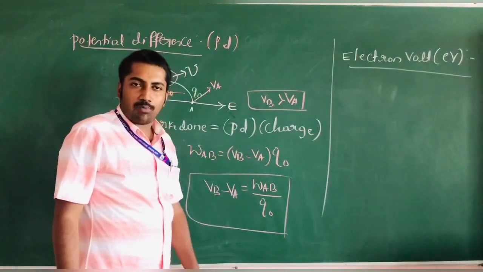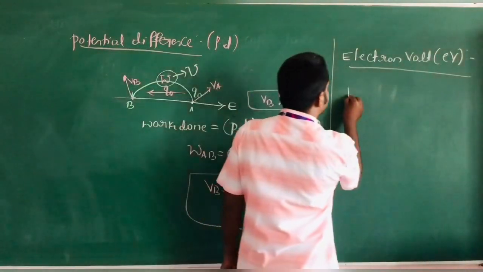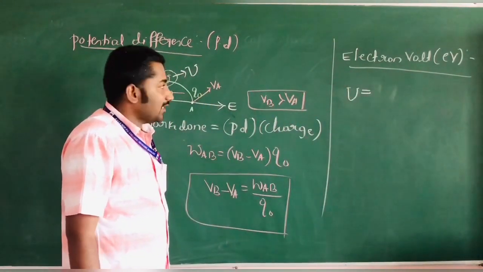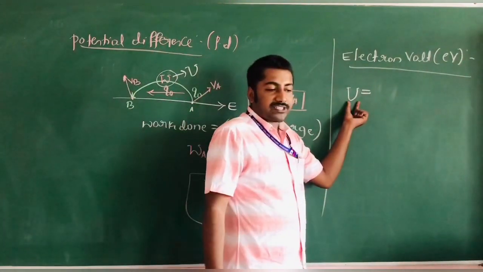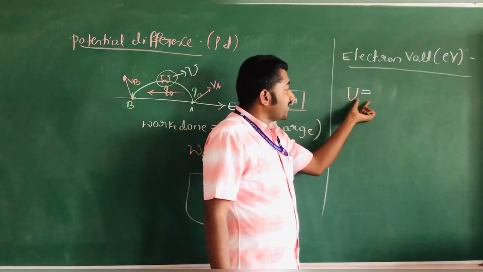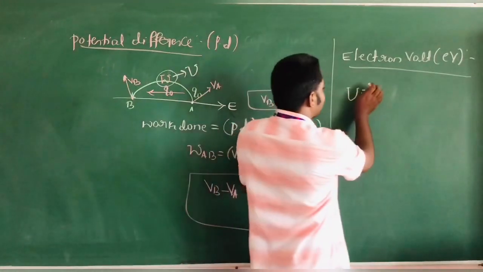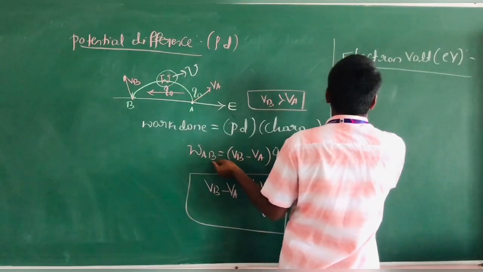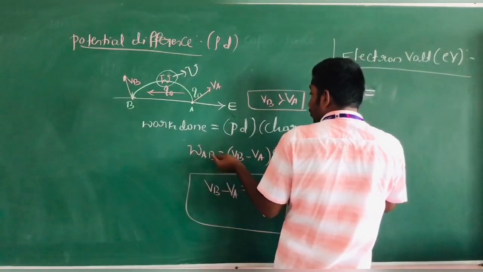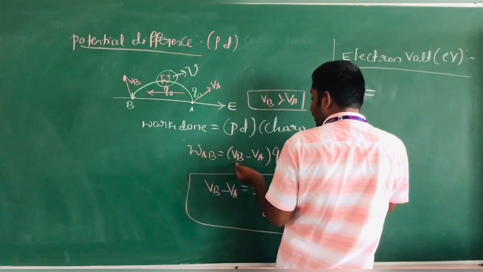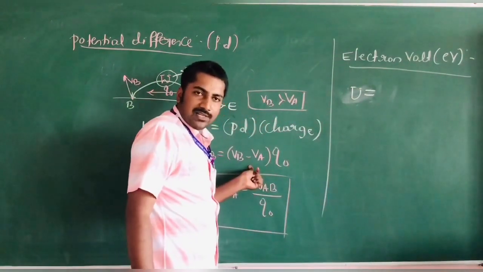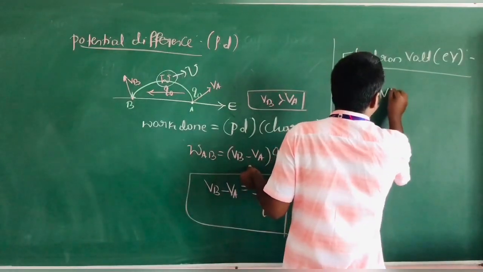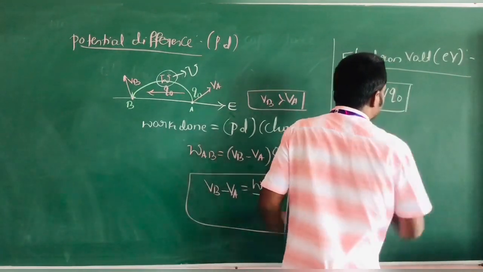Potential energy is mathematically denoted by U. So we can write WAB is equal to the potential energy, which is VB minus VA, the potential difference, denoted by V, times the unit positive charge Q0. U is equal to V into Q0.